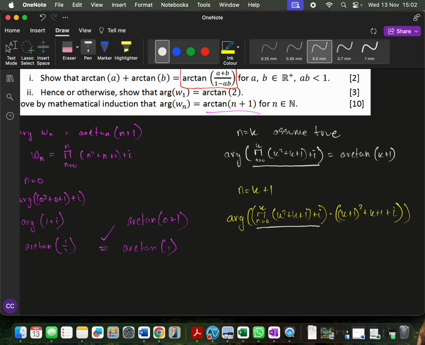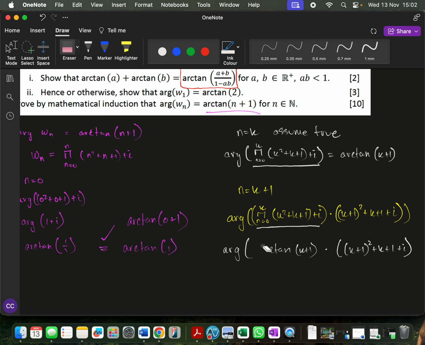So if I substitute in the argument of the arctan of k plus 1 times this thing here, which is k plus 1 squared plus k plus i, I would end up with something like that.